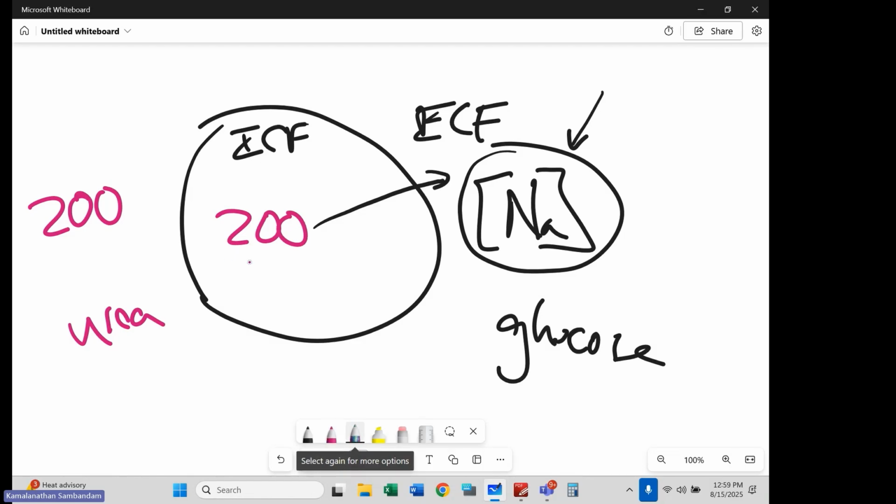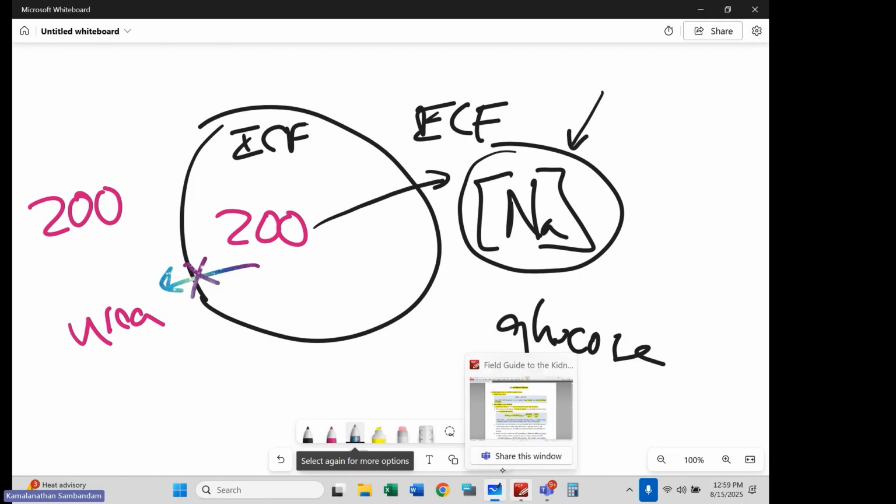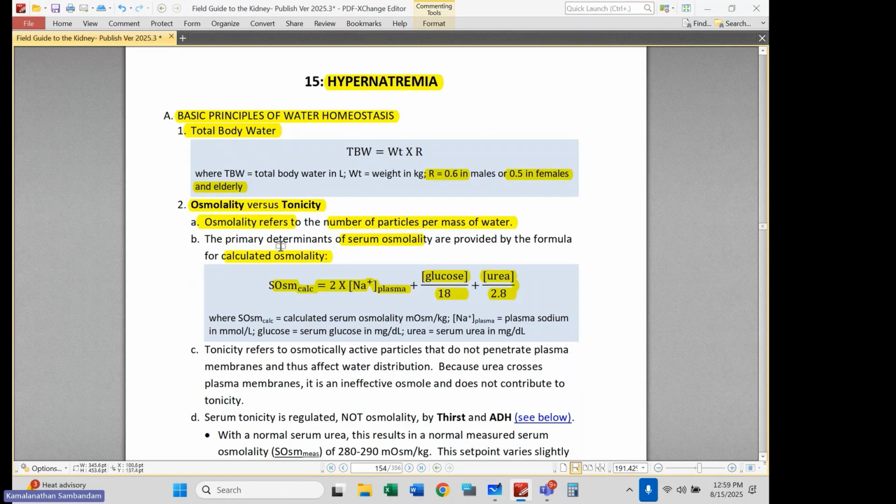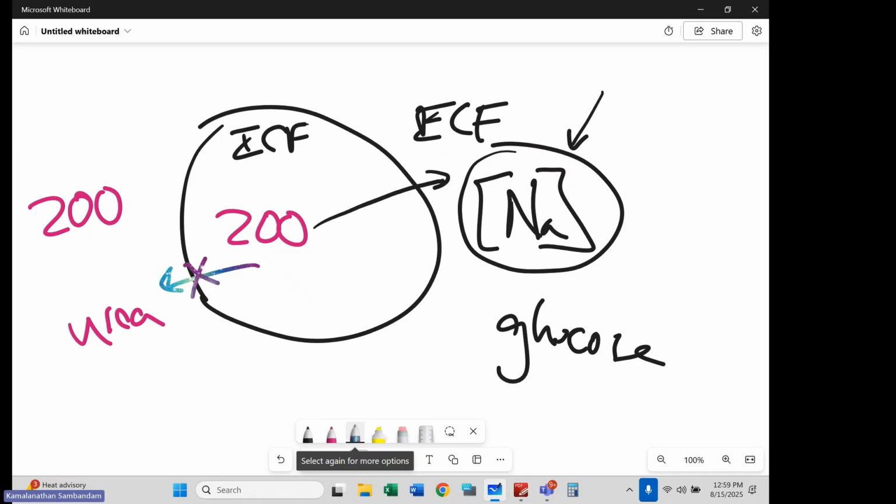It does not cause water translocation from the ICF to the ECF. And so it stands to reason you have to treat that differently. So even though the calculated osmolality is affected by the urea concentration, urea does not affect tonicity. Let's bring that to, again, clinical relevance.